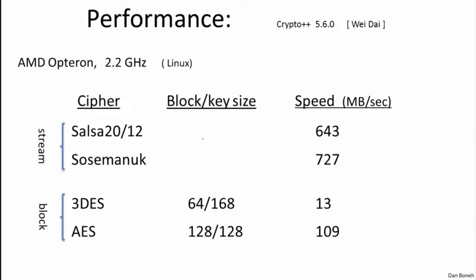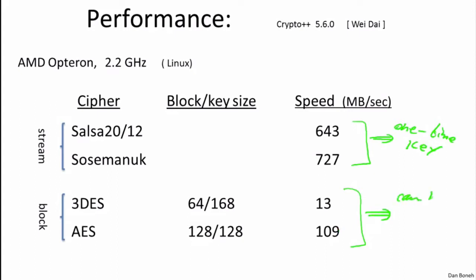The last thing I wanted to do is write down the performance numbers of the various block ciphers, and it's kind of interesting to compare them to stream ciphers. You can see stream ciphers are way faster than the corresponding block ciphers. Of course, the point is that in the stream cipher, this has to be a one-time key, whereas a block cipher can be made secure, if you use an appropriate mode, as we just discussed.